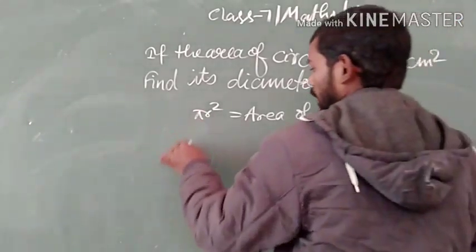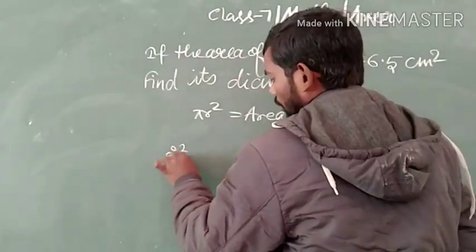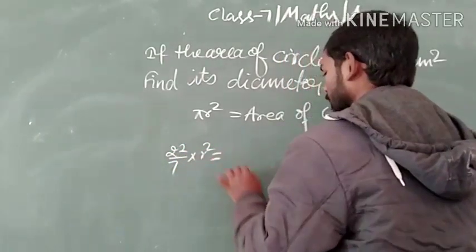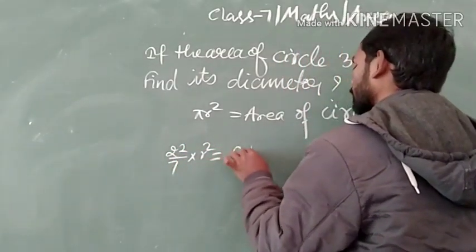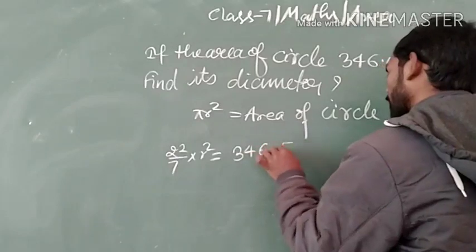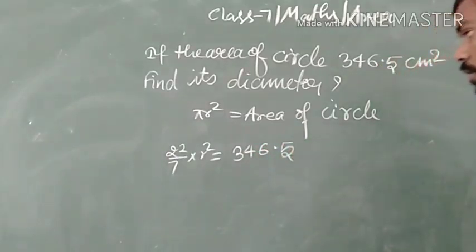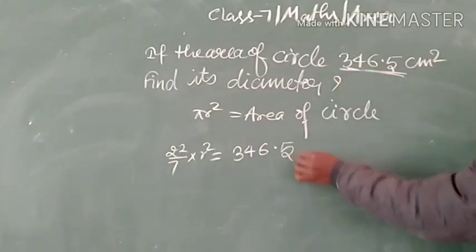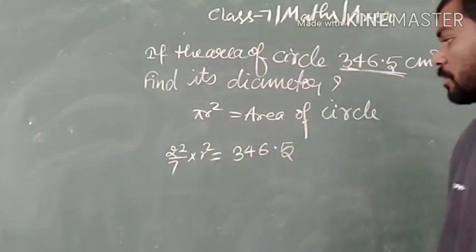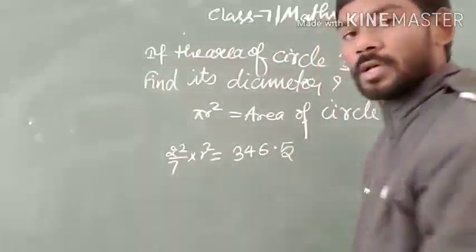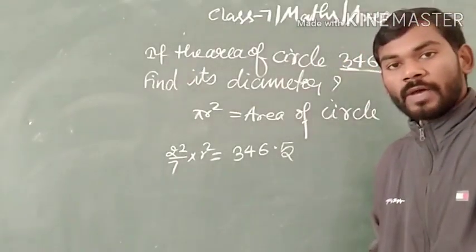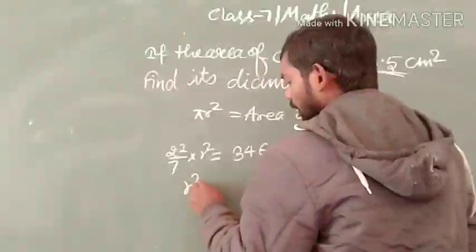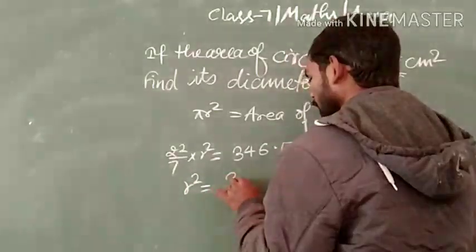We know that the value of pi is 22 upon 7 multiplied by r square, and this will be equal to 346.5, because the area of circle has been given here. That is, pi r square is equal to 346.5 centimeter square.